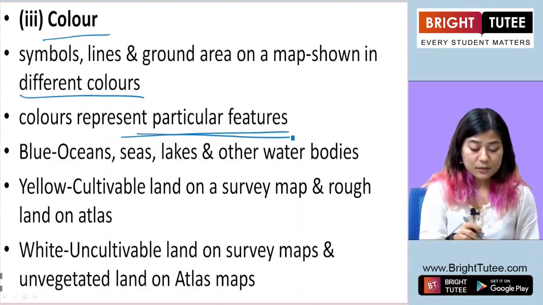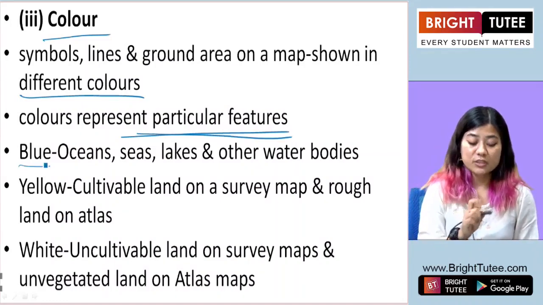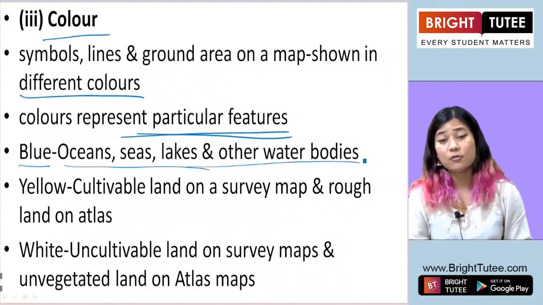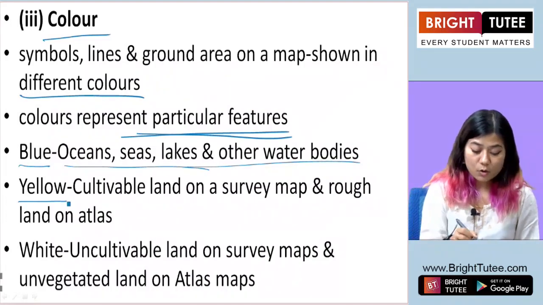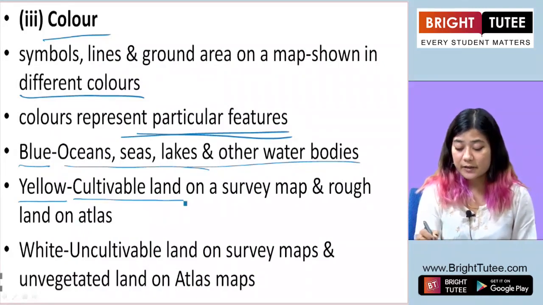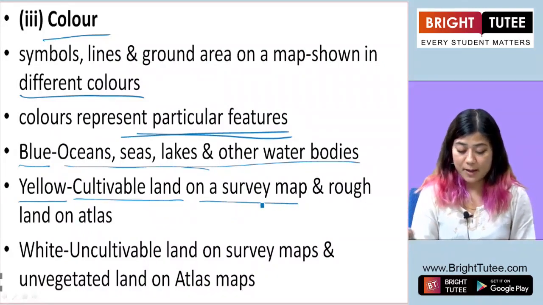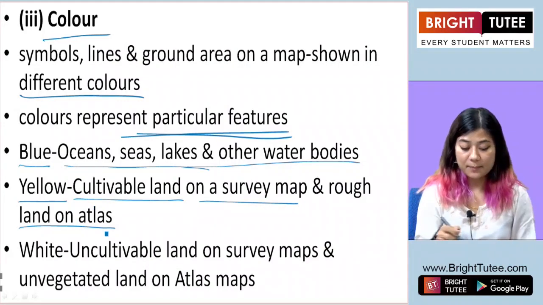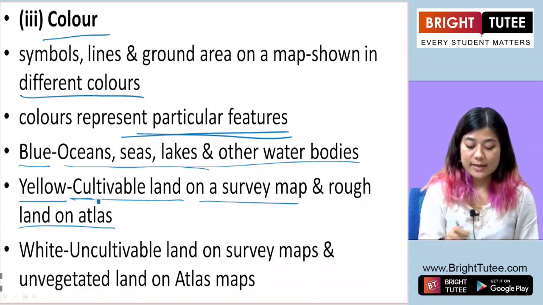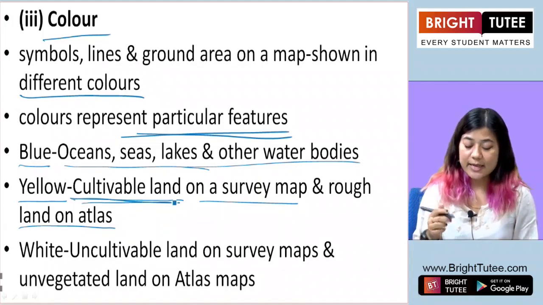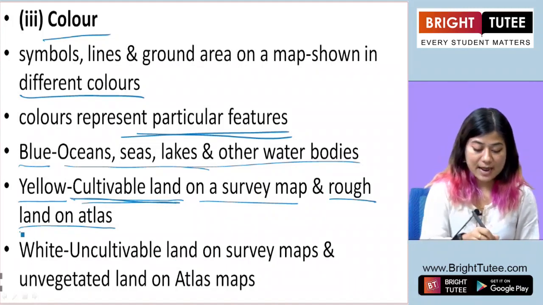So for example, blue color is used to denote oceans, seas, lakes and other water bodies. Yellow color is used for indicating cultivable land on a survey map, rough land on atlas. So on a survey map, if yellow is shown, then we understand it's cultivable land, and on atlases they indicate rough land.